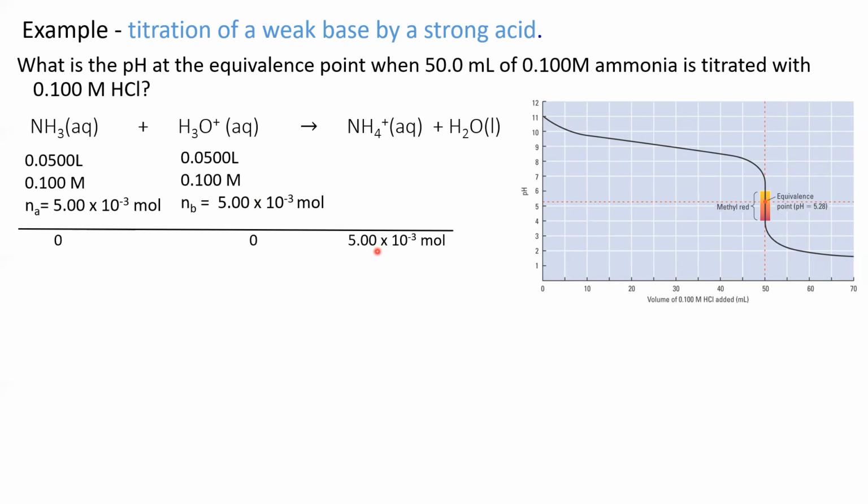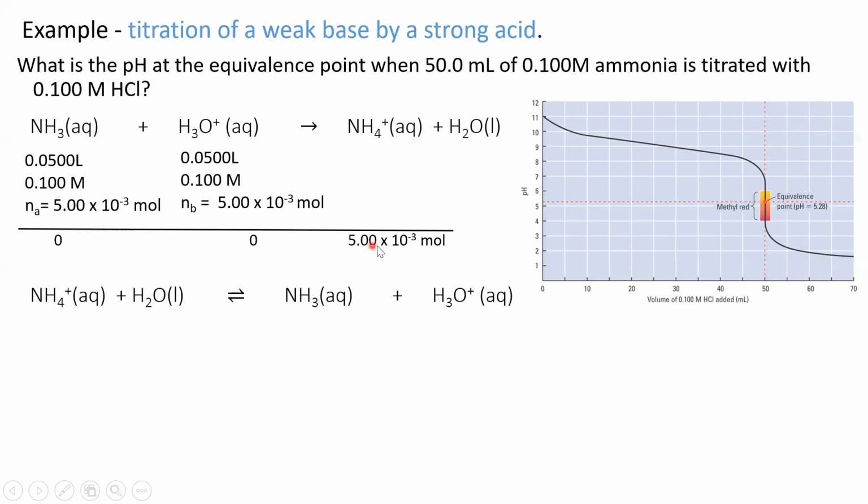Now, we can't figure out the pH directly from this number because the ammonium ions, well, that's not hydronium or hydroxide. So we have to figure out what happens to the ammonium ions in water. The ammonium ions are going to act like an acid. They're going to donate their proton to the water, and we're going to produce ammonia and hydronium. Well, that's what we need to figure out the pH.